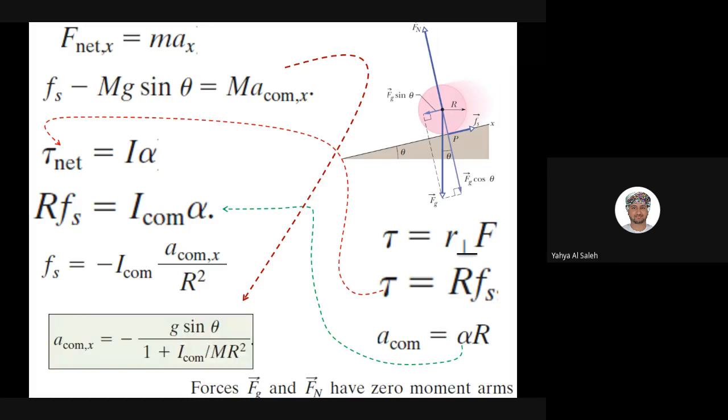I end up with this: my acceleration is a combination of g sine theta minus g sine theta over 1 plus I com over mR squared.